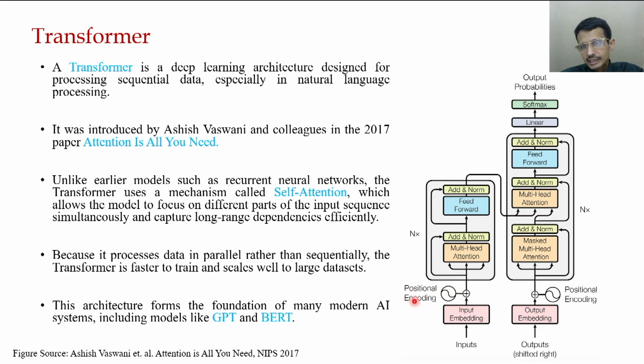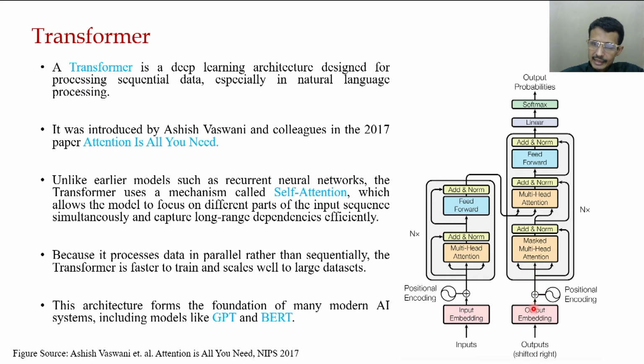Then there is a positional encoding, giving the position of the word in a sentence. Then it comes to the actual encoder. There is multi-head attention, then addition and normalization, feed-forward networks, residual connections, and so on. So many things there. We will discuss them one by one.